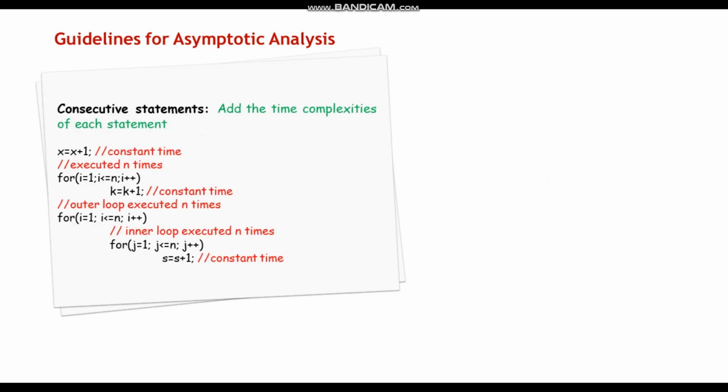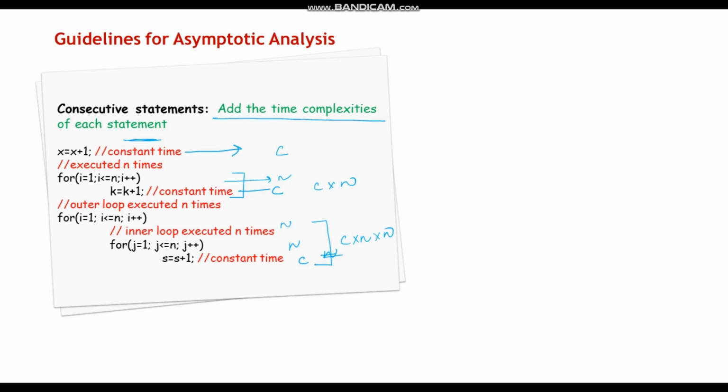The next is the consecutive statements. With the current code snippet, you can see that there are different consecutive statements. We'll calculate their complexity and add them together. The first, x is equal to x plus 1, is a constant time. Then there is a loop with a statement of constant time c performing n iterations, c into n. And then there is a nested loop, so we'll get c into n into n.